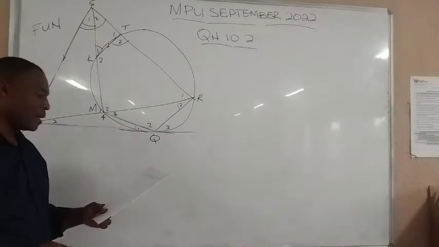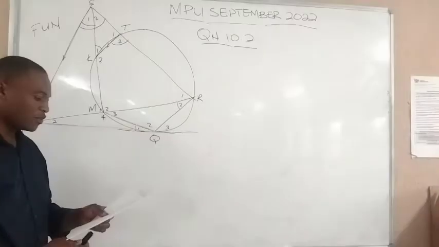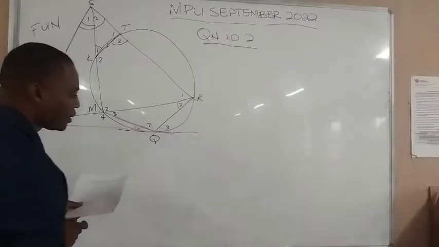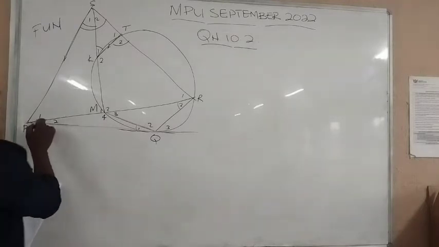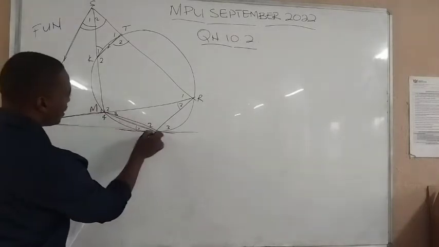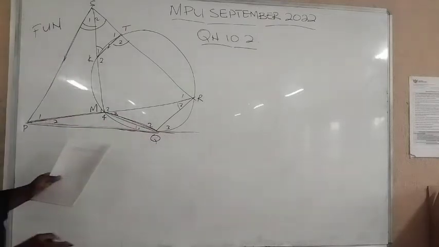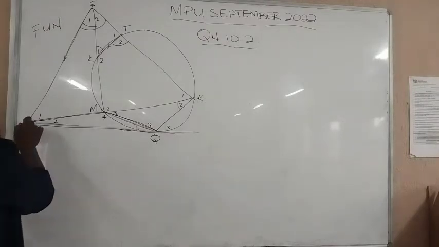the question. Alright, so looking at the first question, you are asked to prove that triangle PMQ is similar to triangle PQR.